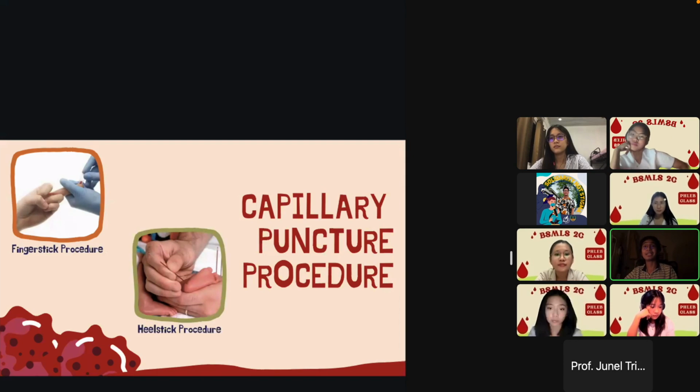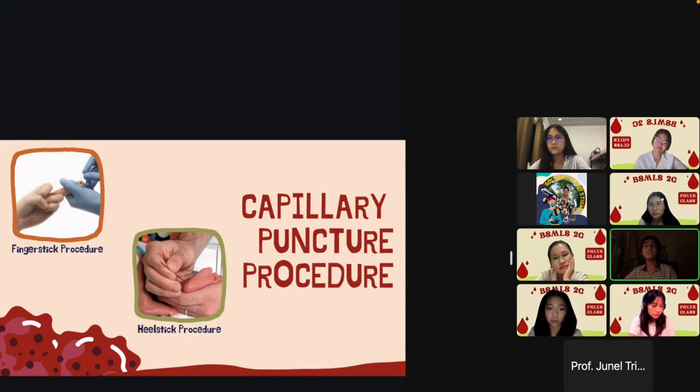So what is the difference between them? In the finger stick procedure, as the name suggests, the area we puncture is around the finger. In the heel stick, of course, the area we puncture is the heel of the foot.